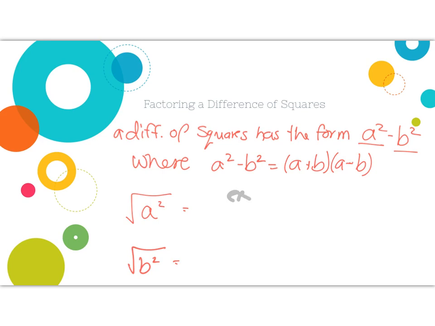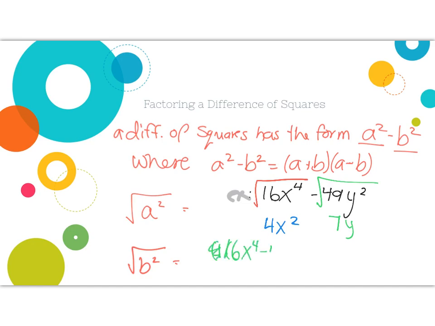If I have 16x to the power of 4 minus 49y squared, I know that this is a difference of squares because I can square root 16x to the power of 4. That is 4x squared. And I can also square root 49y squared. That is 7y.